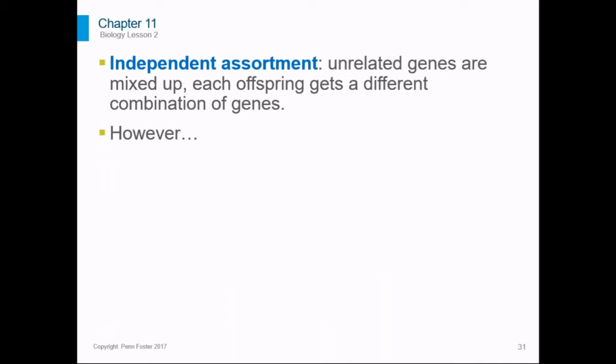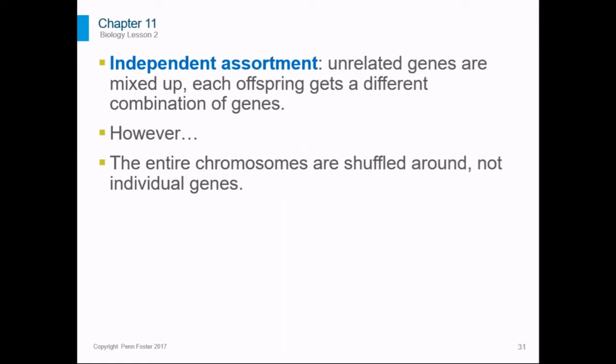And one more thing, in the beginning of chapter 11, we discussed independent assortment, where unrelated genes are mixed up before being passed down to offspring, so that if a parent has multiple offspring, it gives each offspring a different combination of genes. However, you've now learned that DNA is packaged into chromosomes for reproduction, not individual genes.